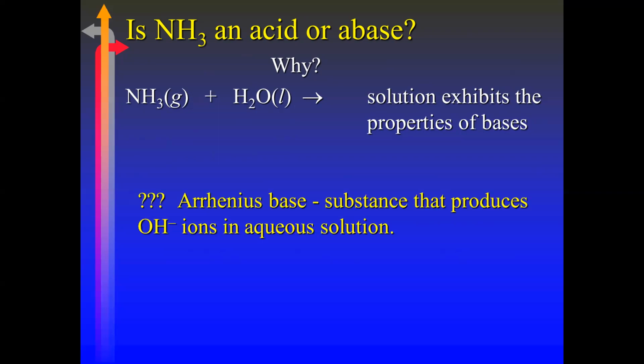So why? According to the Arrhenius definition, a substance that can produce these ions in solution, we call a base. Then let's see what kind of ions: hydrogen ions or hydroxide ions, ammonia will produce.